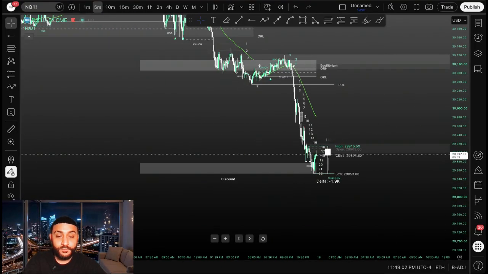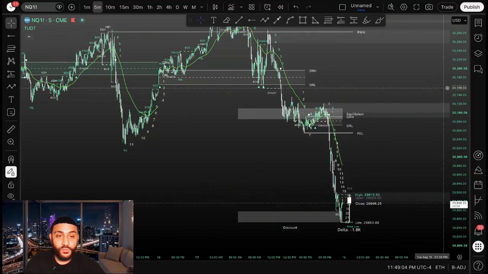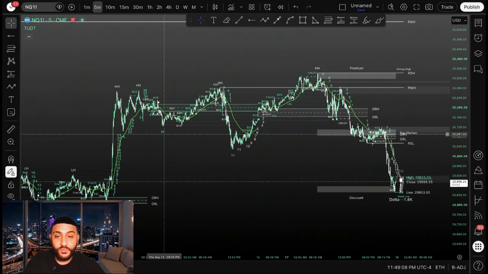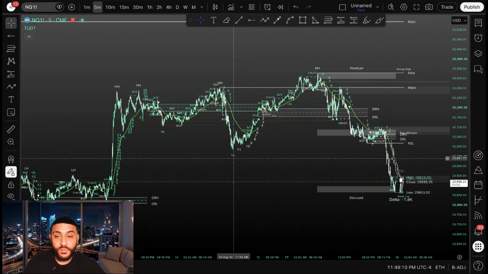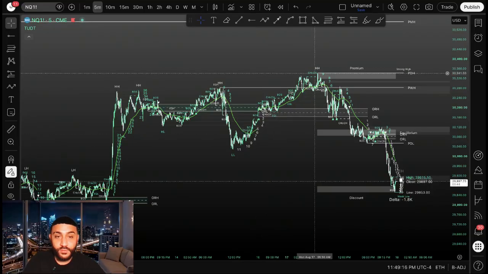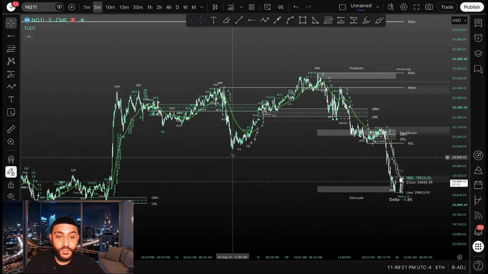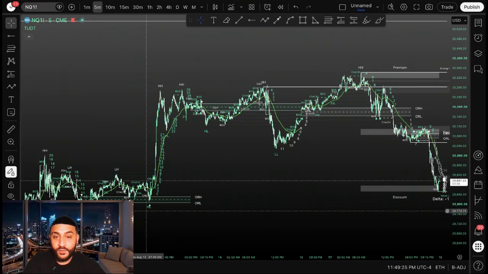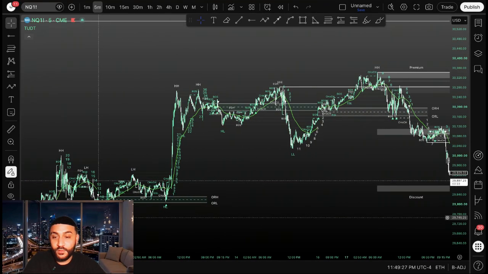Now, another thing that you want to always keep an eye on are your higher lows, your lower lows, your lower highs, and your higher highs. So there's a higher high up here, higher low here, lower low here, and a higher low here, higher or lower low here.